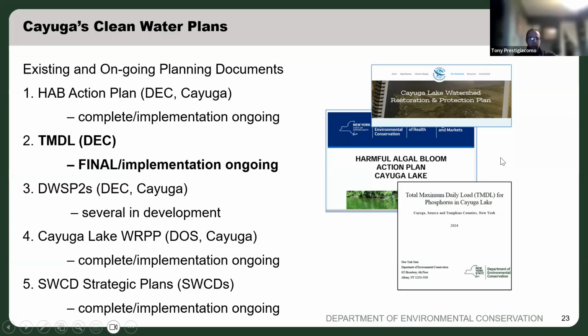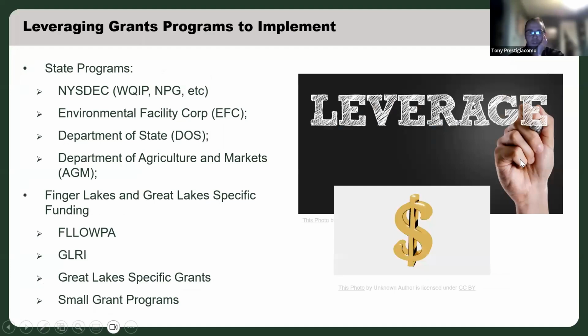And so essentially with the TMDL being done, any project that targets phosphorus reductions would score well in a grant application. So if there are ideas in these other plans that are also good, obviously you can use them in conjunction with the TMDL to go after the various state funds to implement.